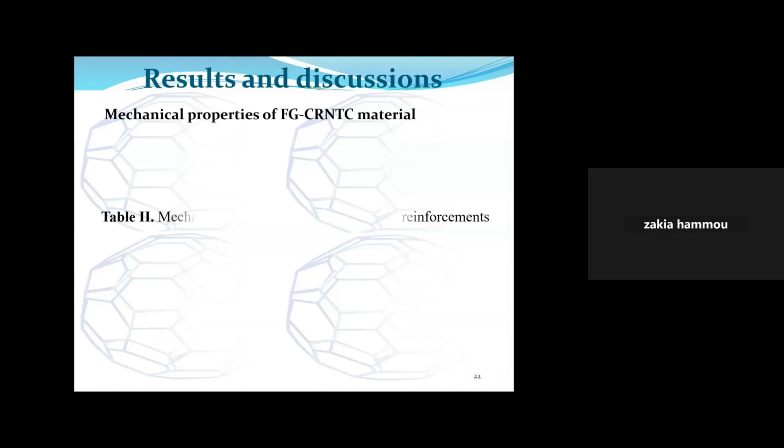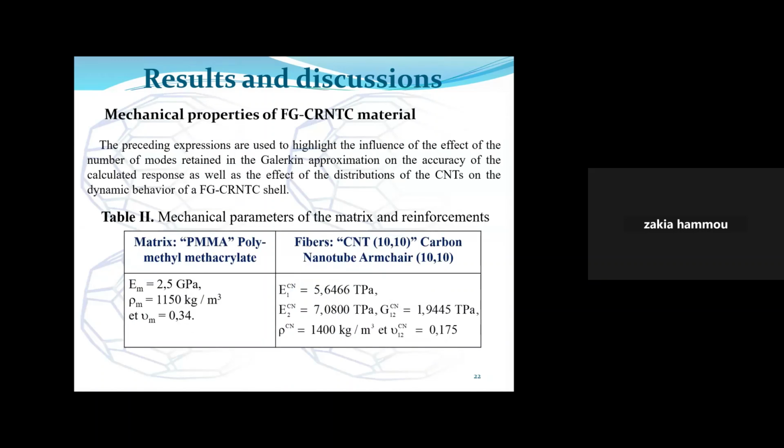The preceding expressions are also used to investigate the effect of the number of modes retained in the Galerkin approximation on the accuracy of the calculated response, as well as the effect of the distribution of the CNTs on the dynamic behavior of the FG shells.